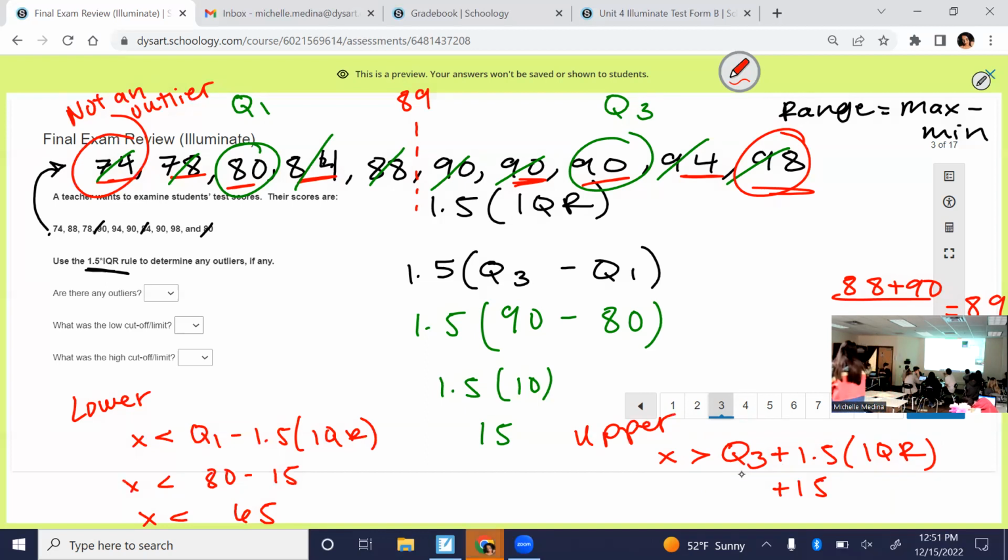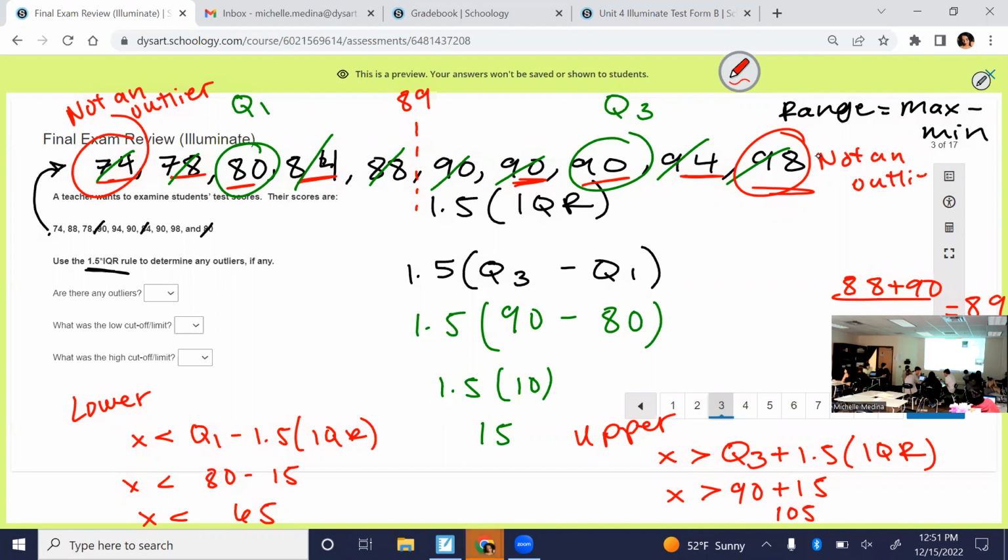What did we say Q3 was? 90. What's 90 plus 15? 105. So is 98 greater than 105? No. So then that one is also not an outlier.